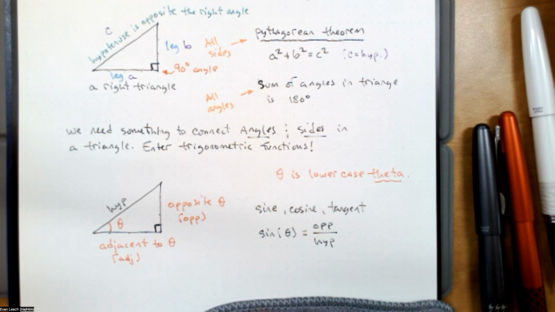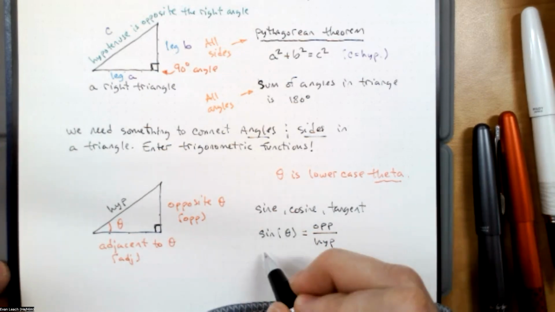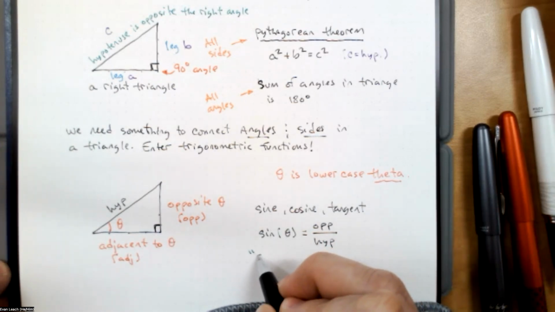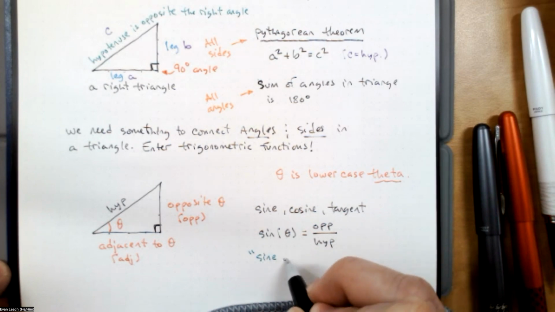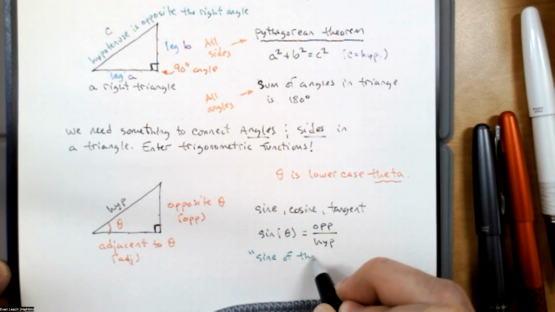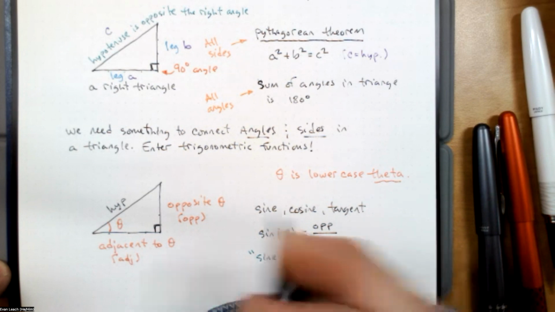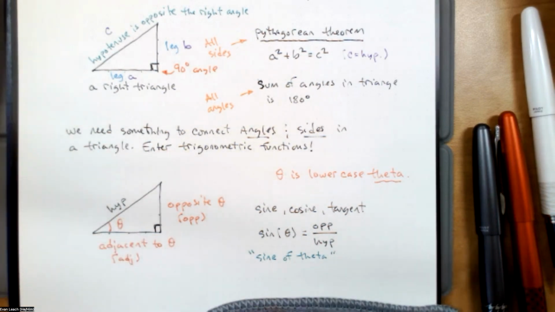It's the ratio of the opposite to the hypotenuse. The parentheses aren't indicating multiplication. The parentheses are like function notation, where we say things like f of x.